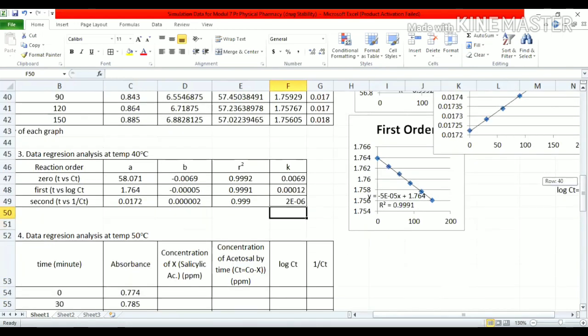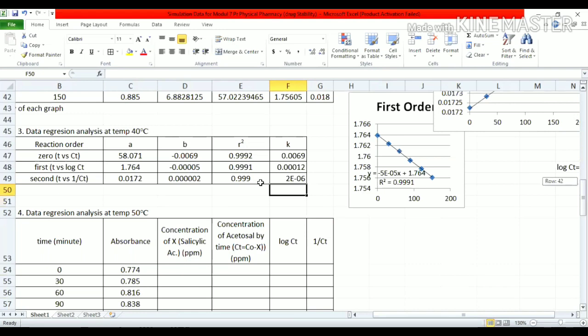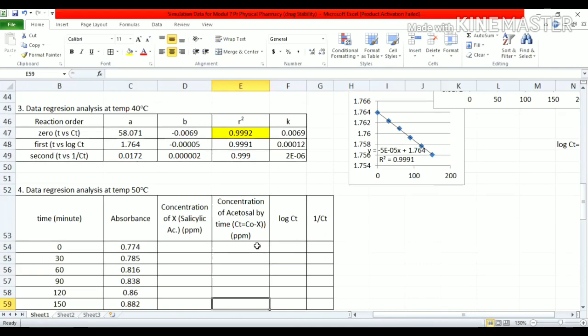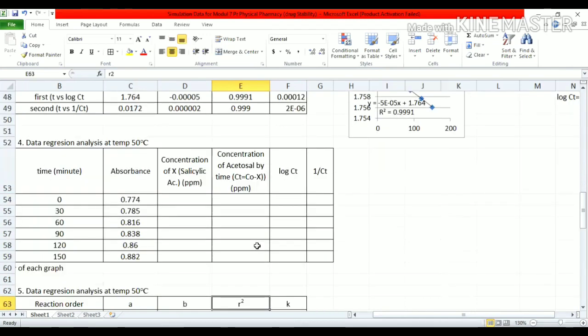Yeah, we have to fill in the blank in each table, and if we already got the reaction order for each temperature, we can put the data here, so we get the data for 1 per temperature, but in K, in absolute temperature.